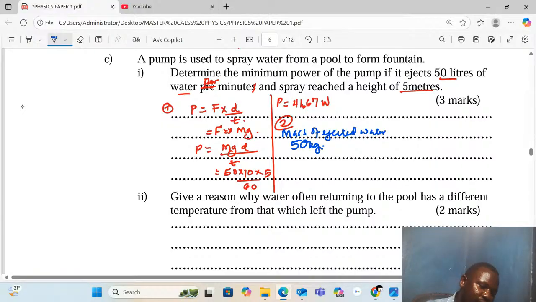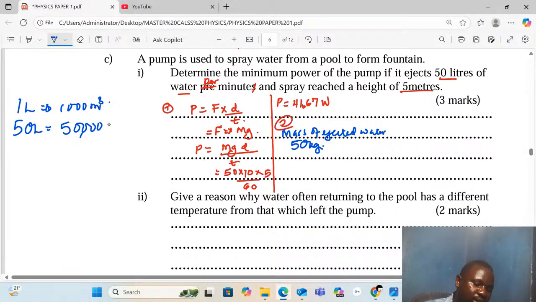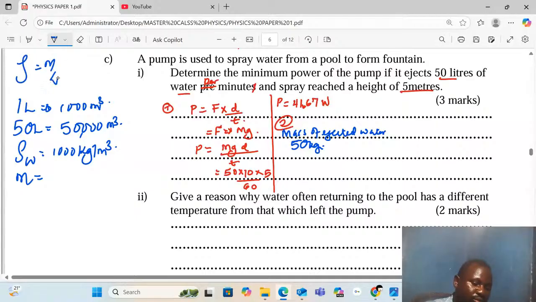We know that 1 liter is equivalent to 1,000 cubic meters. So 50 liters will be equivalent to 50,000 meters. And therefore, we know that density is equal to mass over volume.